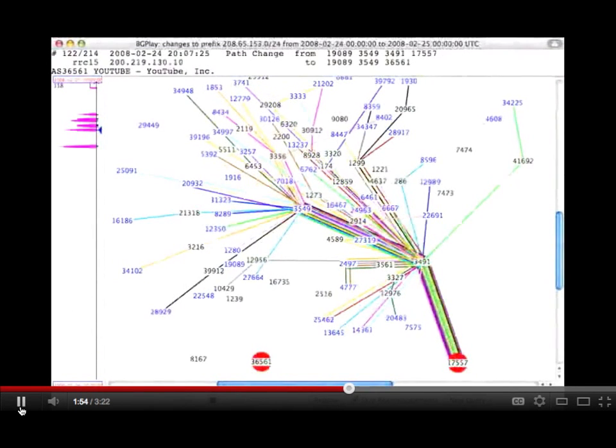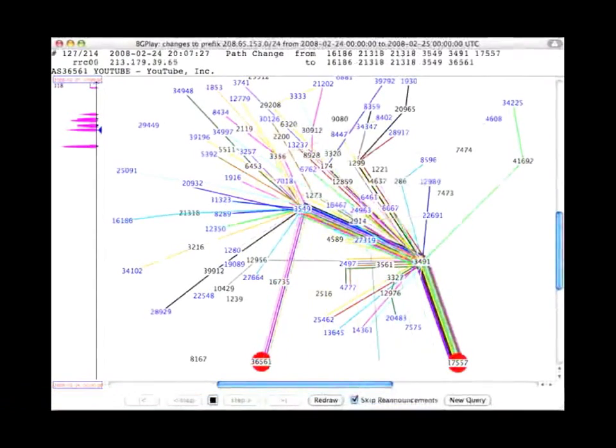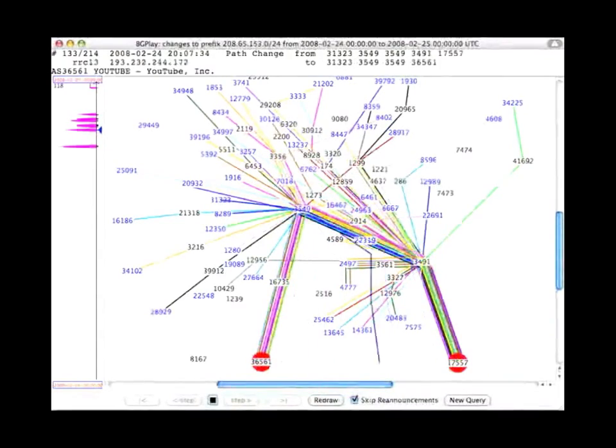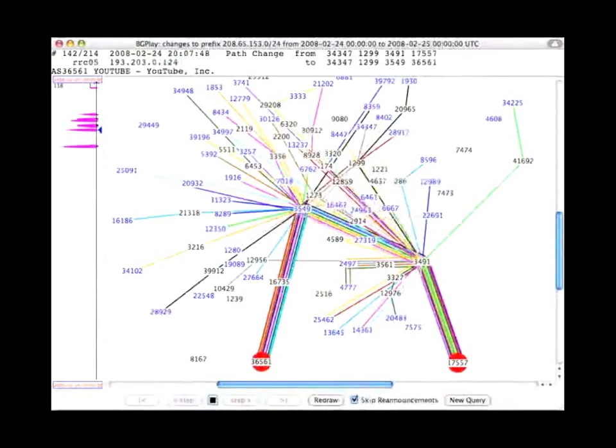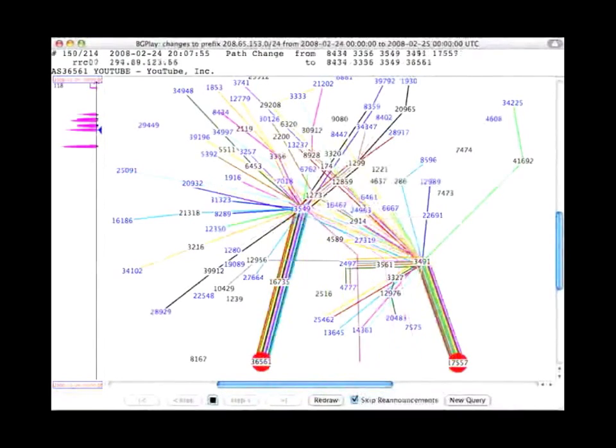17 minutes later, at 20:07, YouTube starts to announce the same route itself in order to route the traffic back to its own servers. Another 10 minutes later, around 20:17 UTC, routing policy changes occur that move traffic for this route away from Pakistan Telecom's upstream PCCW AS3491.